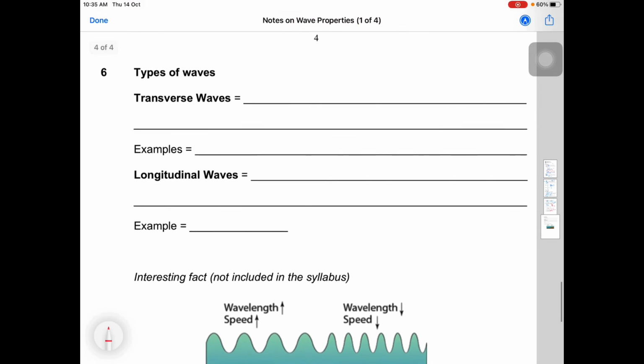All right. Lastly, the types of waves. In the course of your studies, you'll be learning that there are two types of waves. The first type is called a transverse wave. What is a transverse wave?